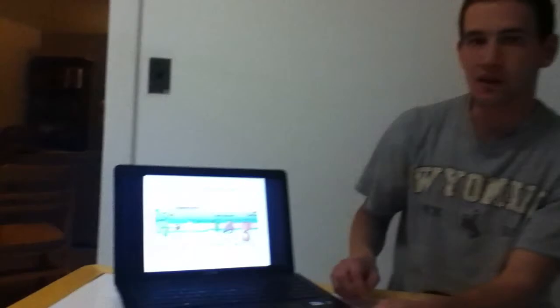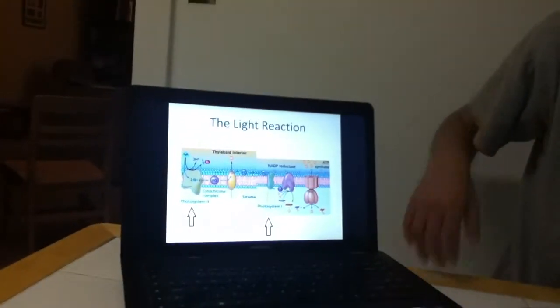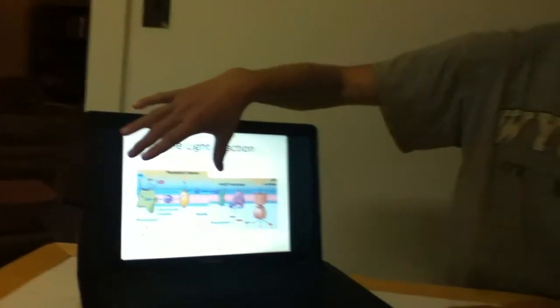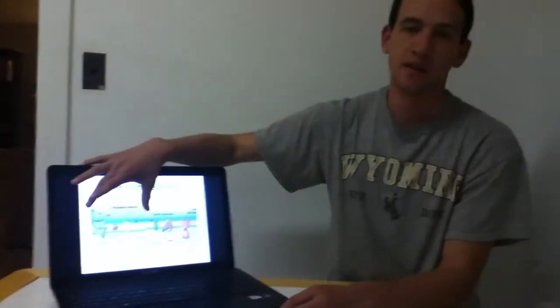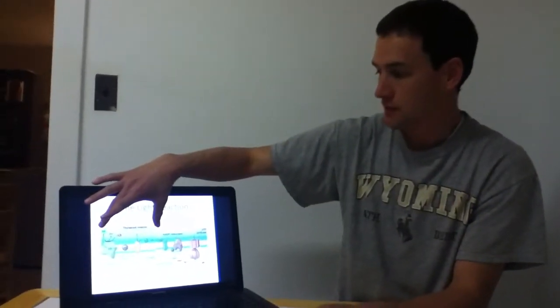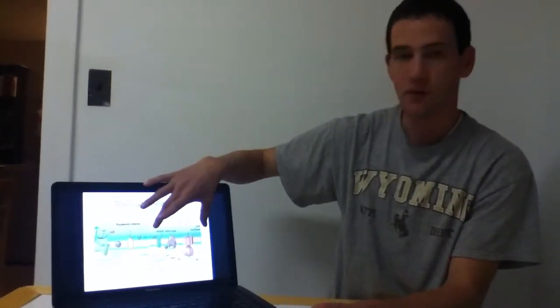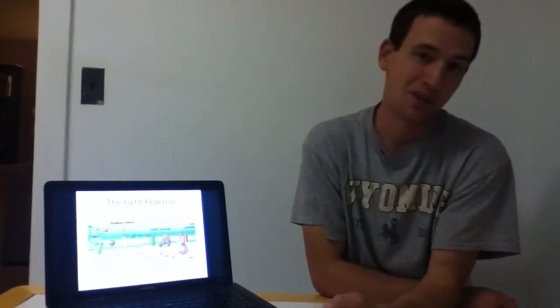Right here we can see the light reaction more completely. This side over here is photosystem 2, and the side over here is photosystem 1. As you can see, they're backwards. Photosystem 1 was discovered first, and that's why it's called photosystem 1, even though photosystem 2 starts the process.